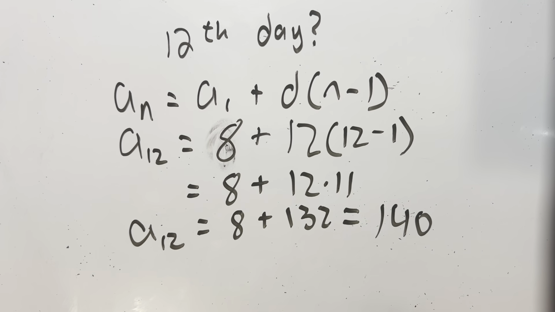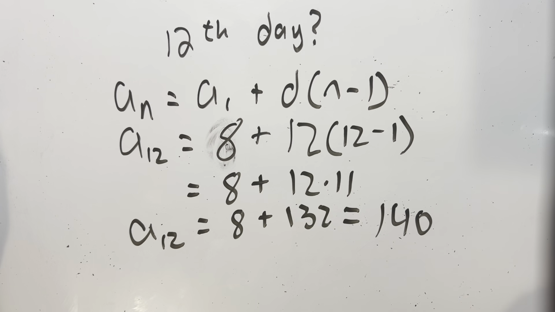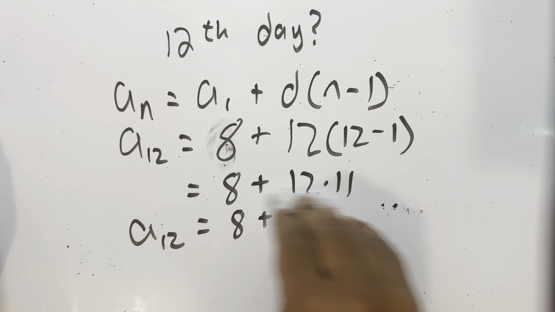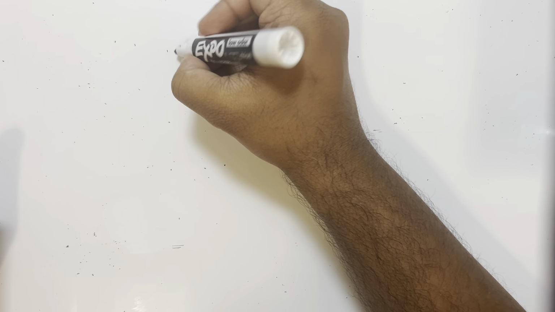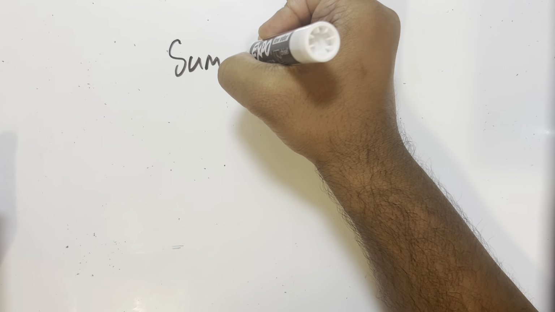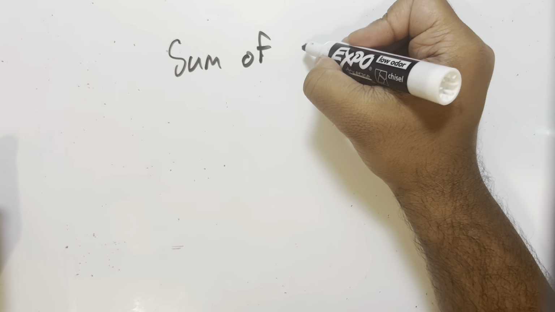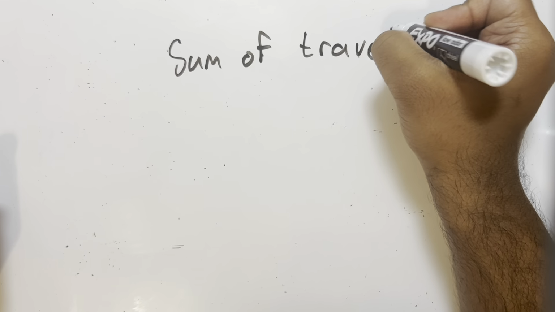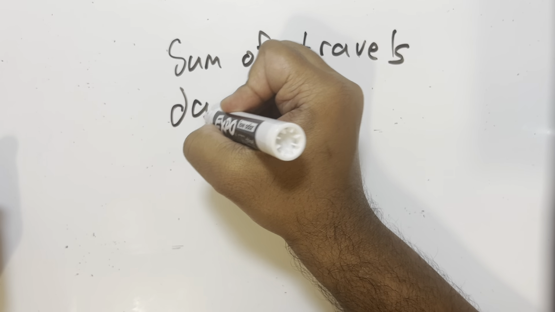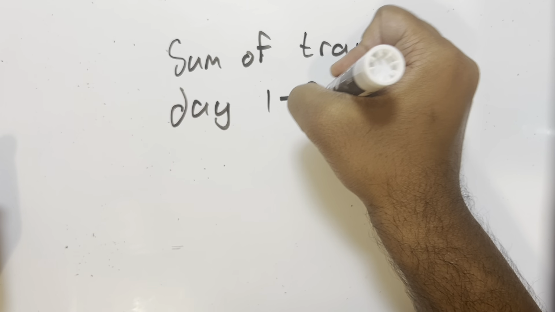All right, so last question of the problem. It's asking how much did he travel from day 1 to 20? What's the total amount he traveled? The sum of travels, day 1 through 20.